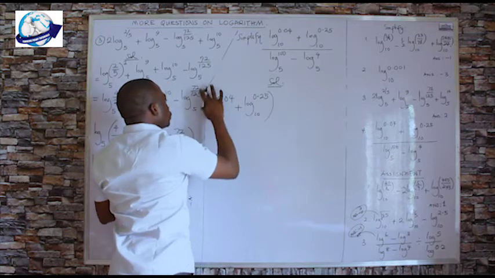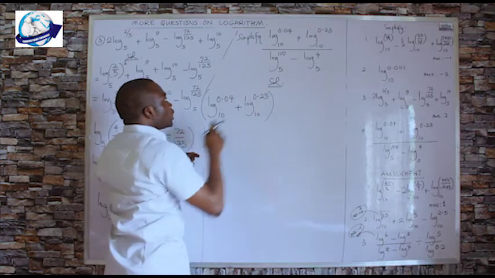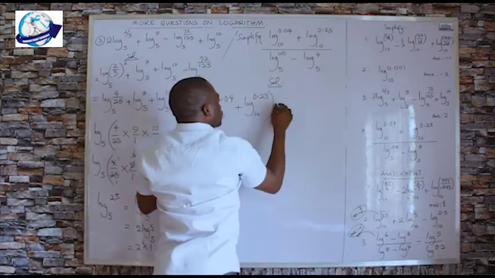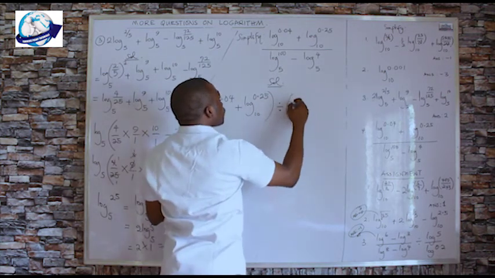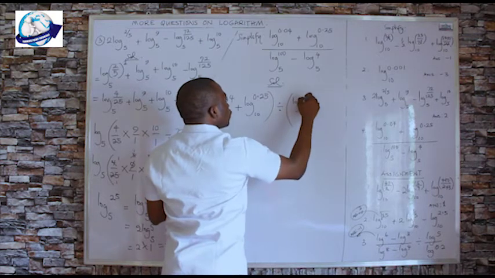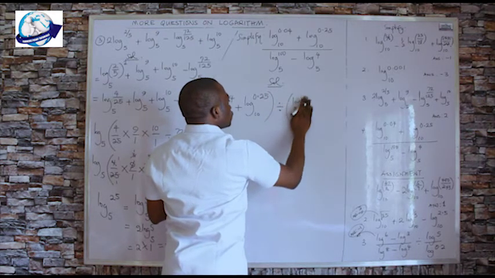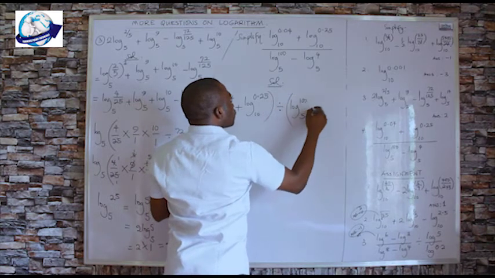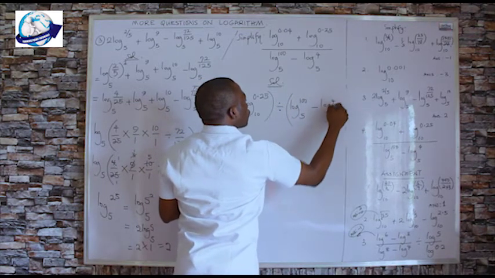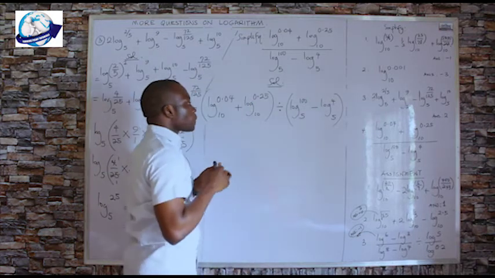I could decide to close this logarithm line and make it a straight division, and then I will have logarithm 100 minus logarithm 4 in base 5.